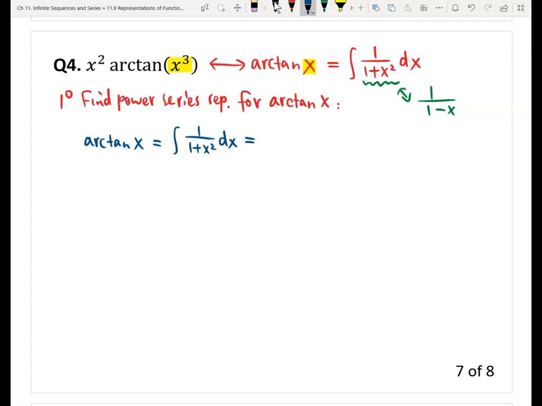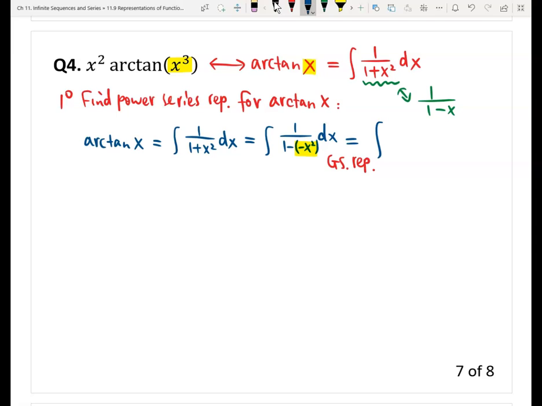Change a little bit: 1 minus negative x squared. You can see now if I highlight this one for substitution, that's directly linked to the geometric series, right? So I will use the geometric series representation.